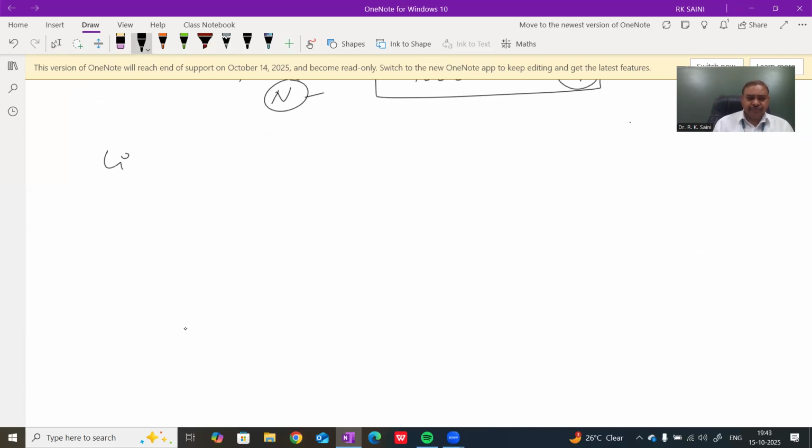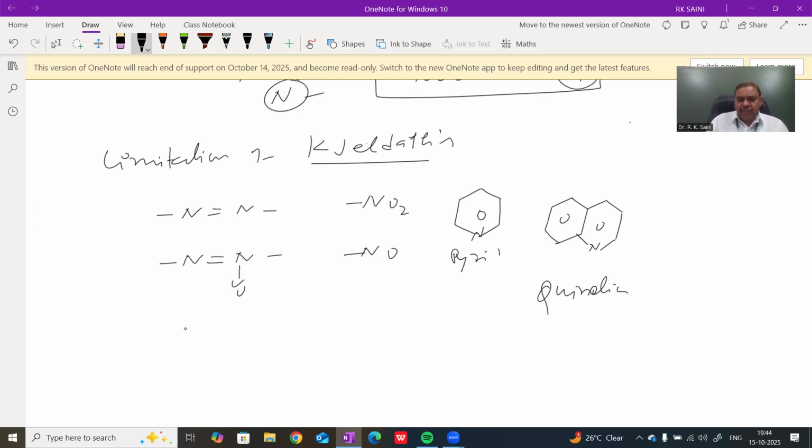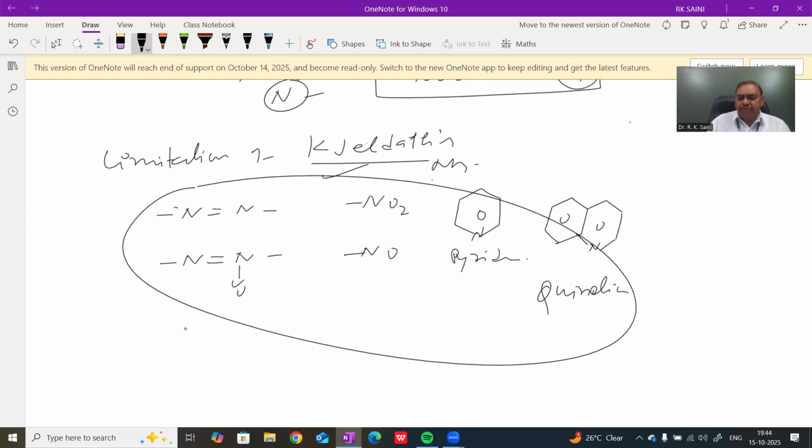Limitation of the Kjeldahl method: compounds which contain an azo group, azoxy group, nitro group, nitroso group, or nitrogen in an aromatic ring like pyridine or quinoline do not give this test, because their complete nitrogen is not changed into ammonia. They are not under the estimation of the Kjeldahl method. It is the limitation.